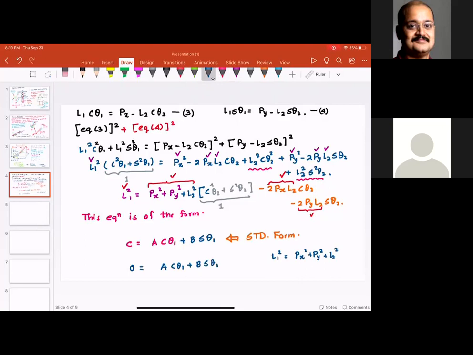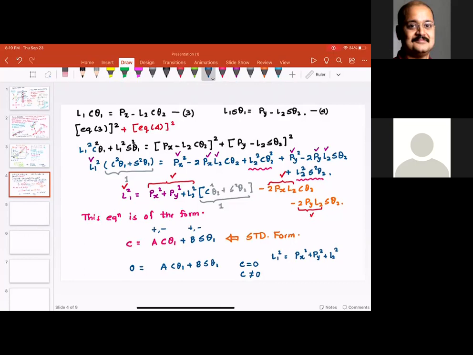Do you agree with me? There are two cases possible: C is 0 and C is non-zero. And it doesn't matter whether A and B are positive, negative, or 0. A could be a positive number or a negative number, B could be a positive number or a negative number. It really doesn't matter. But at this point, I just want you to understand that the standard form can take two possible cases. Either C is 0 or C is non-zero.